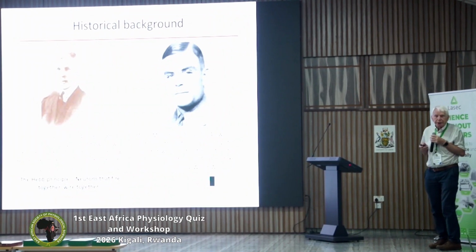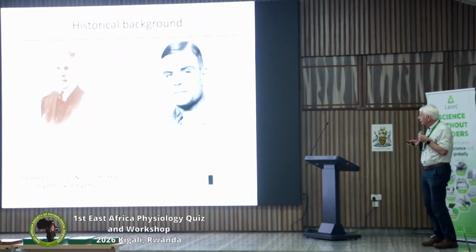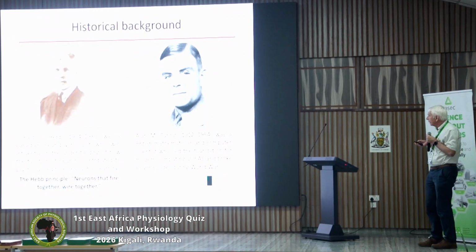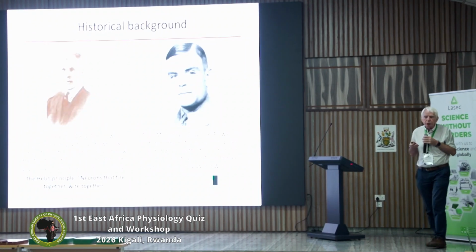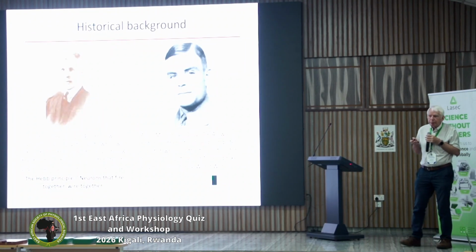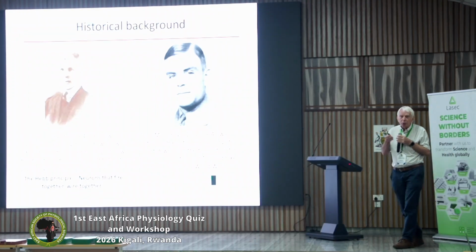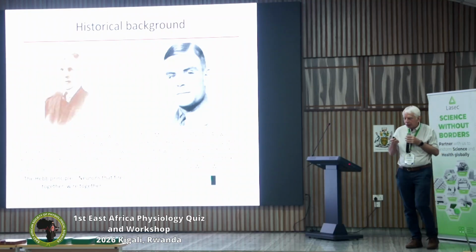He was a British mathematician and computer scientist who laid the foundation for modern computing and AI. Actually, he broke the Enigma codes during World War II, which were beneficial and saved a lot of lives, because the British knew when the Germans were to bombard London.